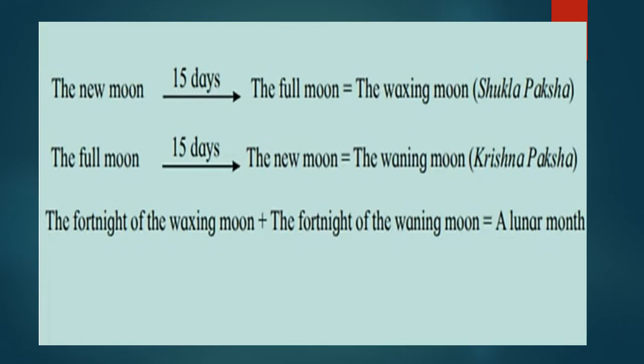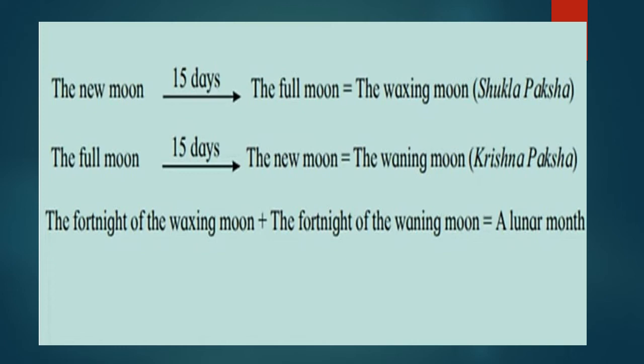We call it the waning moon, meaning Krishna Paksha. So the fortnight of the waxing moon and the fortnight of the waning moon is the period of 28 to 30 days. So it is known as the lunar month, and every day of the lunar month is known as the Tithi.